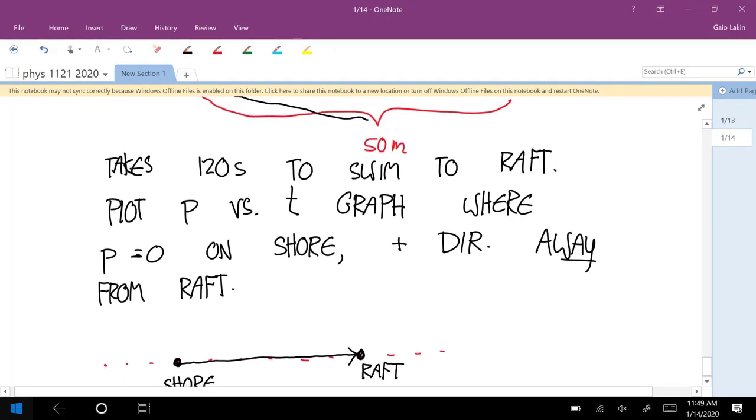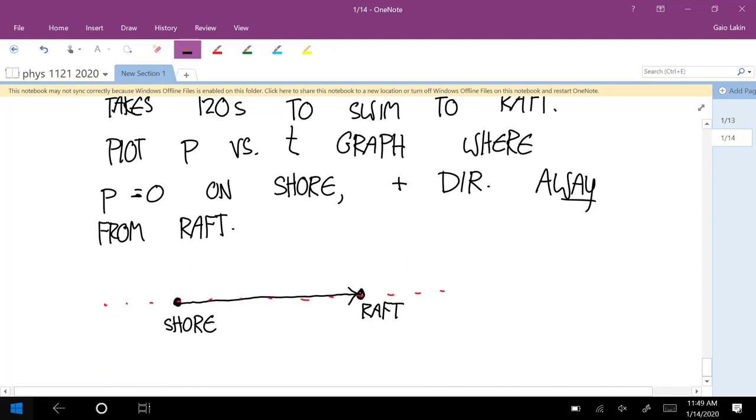Oh, and I didn't give, let's say also the 0 time is when he starts swimming. If a problem doesn't say anything about that, you can just always assume that the 0 time is when the motion starts.